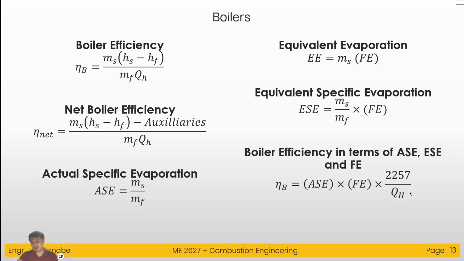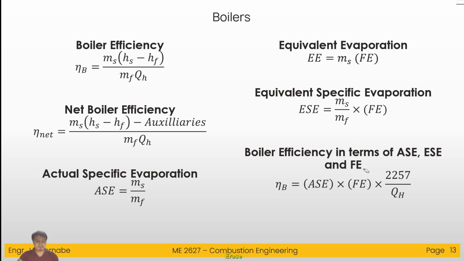If we have auxiliary power that is needed, for example pumps, we have to include the pumps in the boiler efficiency. Then we have the actual specific evaporation. The definition is just the mass of steam over the mass of fuel. For the equivalent evaporation, this is just the factor of evaporation times the mass of steam. You have the equivalent specific evaporation, which is just the mass of steam over the mass of fuel times the factor of evaporation.